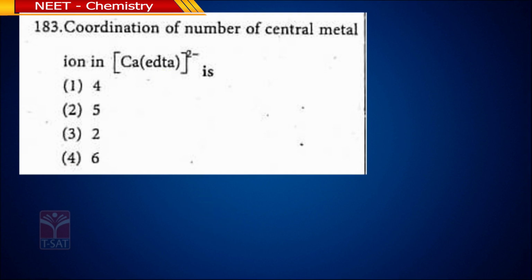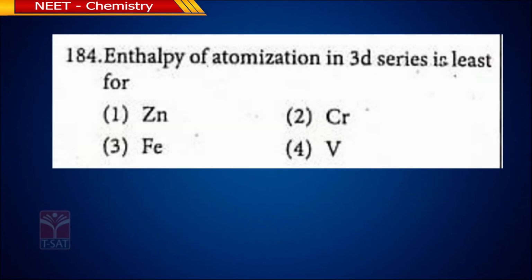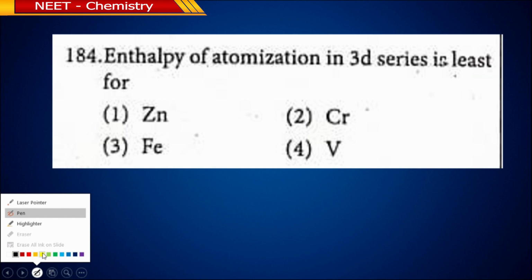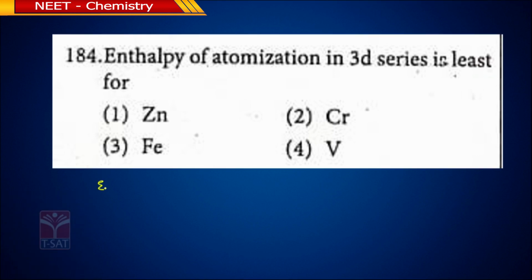Next, the enthalpy of atomization in the 3d series is least for which element? Enthalpy of atomization is the energy required for making an atom from its element in its metallic state.